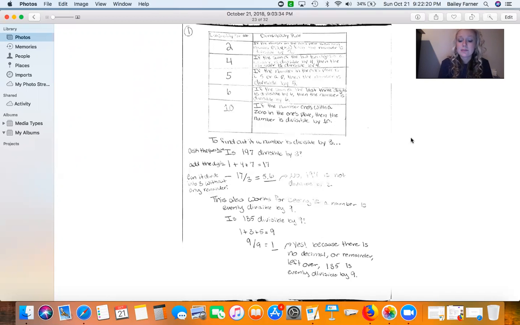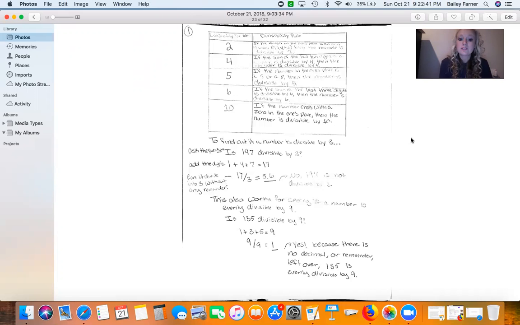And if it is divisible by 3, then the whole number, 197, is divisible by 3. But if it is not, then we know that 197 is not divisible by 3. And so we know that 17 divided by 3 is roughly 5.6 or so. So the number 197 cannot evenly be divided by 3.